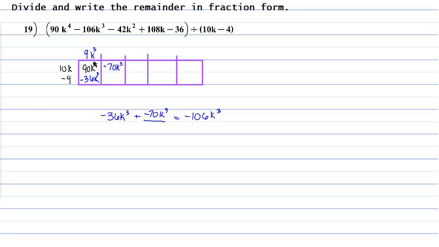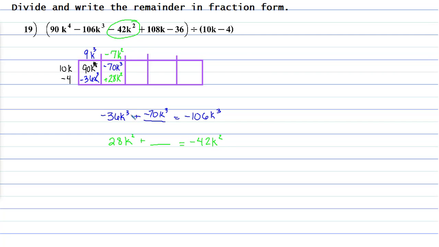So I divide to go up, and that gives me a negative 7k squared. Multiply to come down, that gives me a positive 28k squared. So 28k squared plus something is going to give me negative 42k squared.